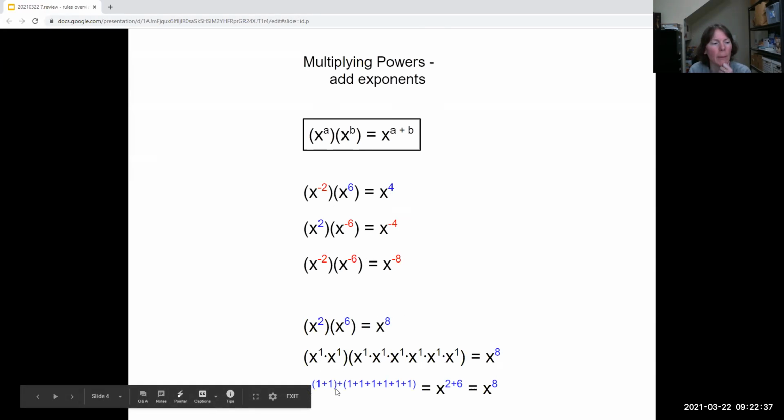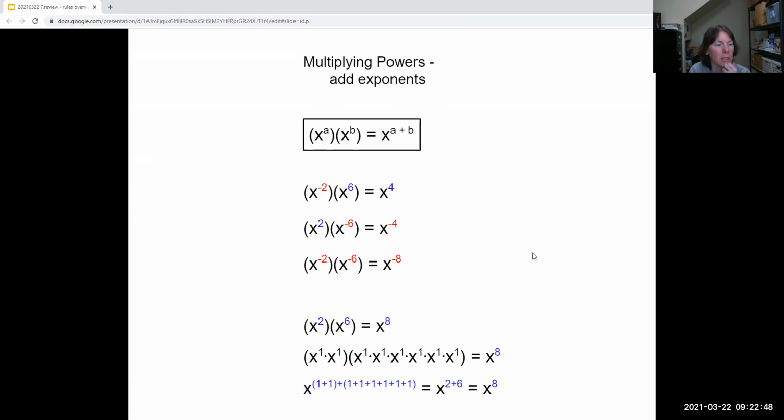And you don't need to worry about copying this down here unless you really want to. You could certainly screenshot it or come back and look at the video. But hopefully you see that there's a similarity between those two bottom lines. One is expanded notation, and then the other is our rule. But in both cases, you're really just adding one over and over and over again.